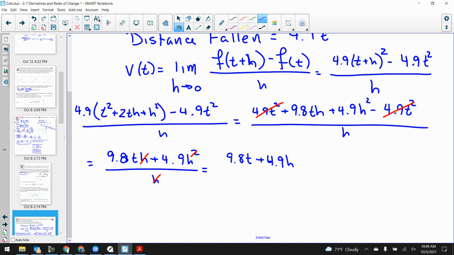That was the goal. Because now I can calculate the limit as h goes to 0 of 9.8t plus 4.9h. Well, if h goes to 0, what's the only thing that's going to be left over? 9.8t. So my velocity after time t is 9.8t.